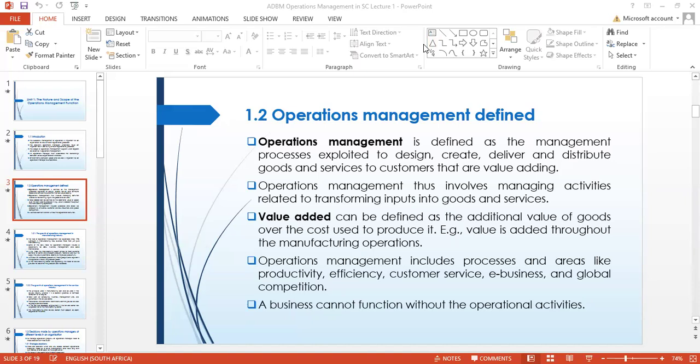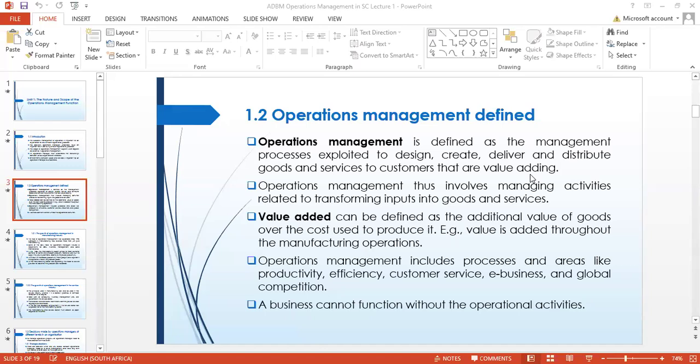Right, so that's operations management: designing, creating, delivering, and distributing goods and services to consumers. Those goods and services are going to add value in the lives of the consumers.